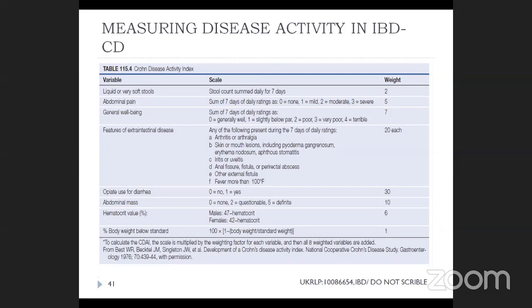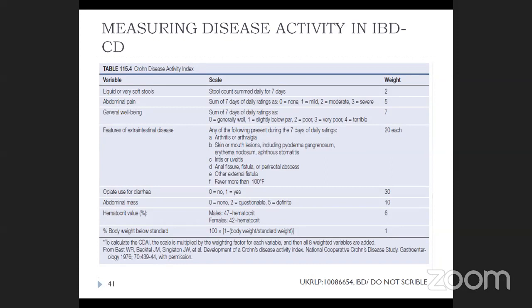It includes criteria such as the number of stools, abdominal pain, general well-being, extra-intestinal manifestations, use of opiates for diarrhea, abdominal mass, hematocrit value, and body weight. Each criterion and symptom is given some weightage, and these weightages are calculated and summed up to show how the patient responds.